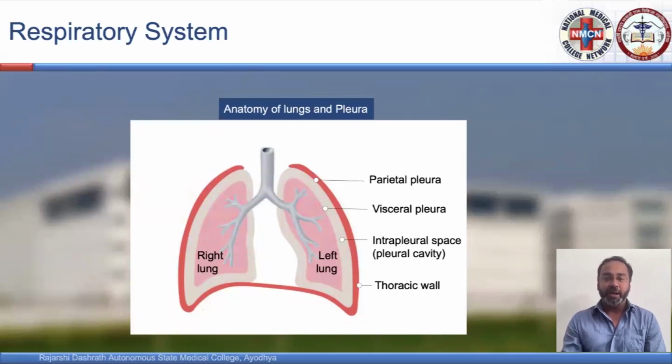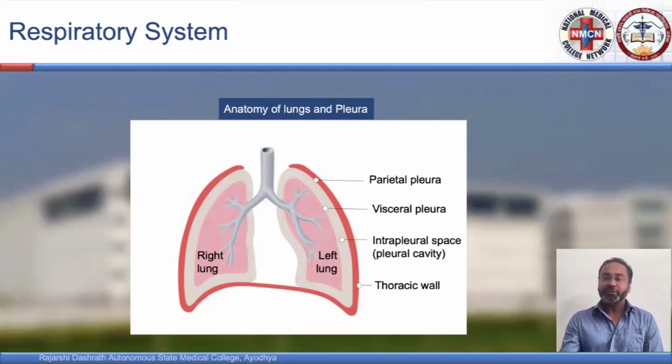into the alveoli. The lungs basically are inside the thoracic cavity, but between the thoracic cavity and lungs there are very important structures called pleura. There are two layers of pleura. The one which is next to the lungs, next to the viscera, is called visceral pleura.